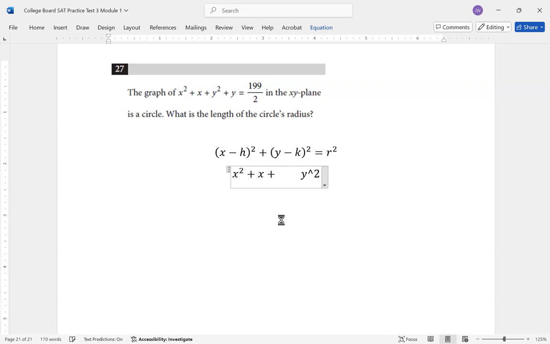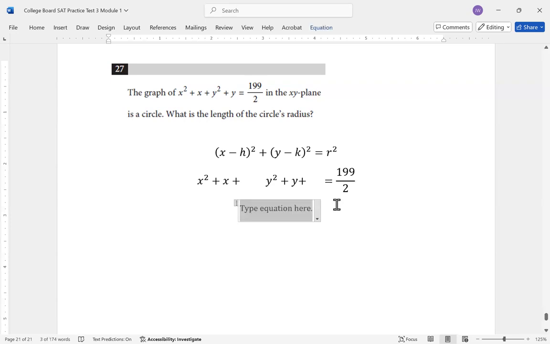And then we have y squared plus y. To make a perfect square, I'm going to have to add another number. Is equal to 199 over 2. And if I add a number over here, I'll also have to add it on this side.